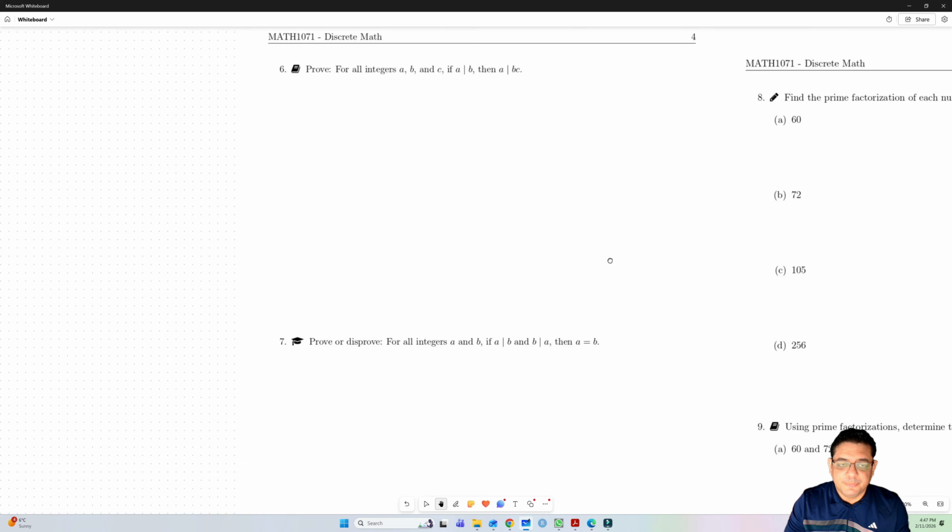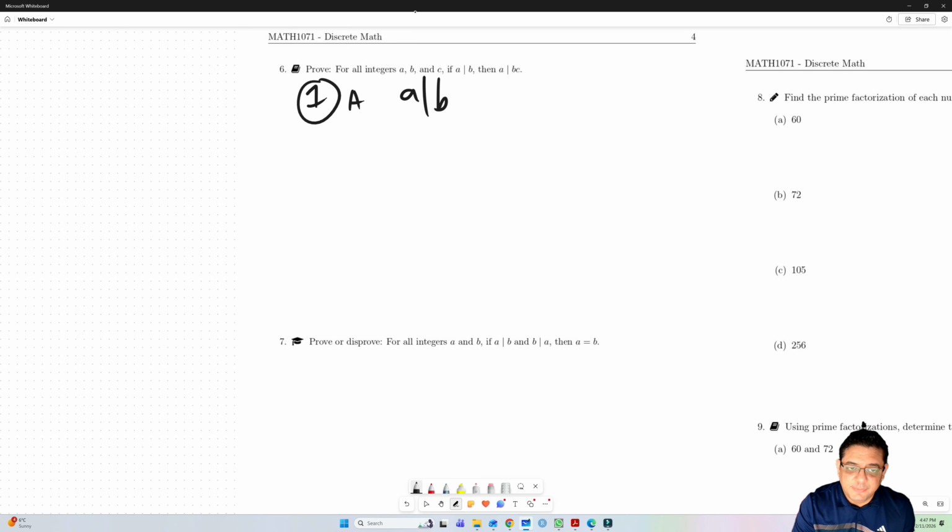Let's do something similar. So now we're going to prove that if a divides b, then a is going to divide b times c. So this c is just like an extra value that we have in there, but it's going to work out well. So first, our assumption is that a divides b.